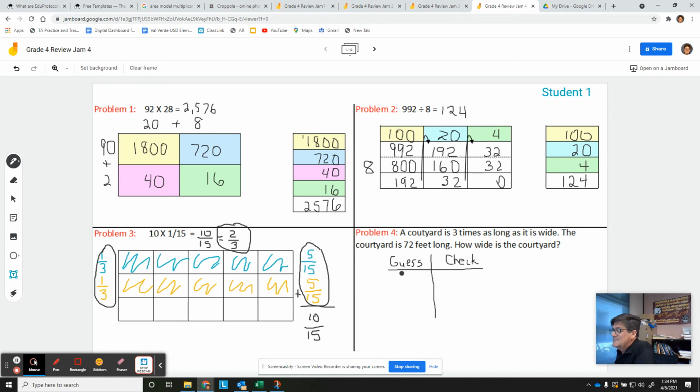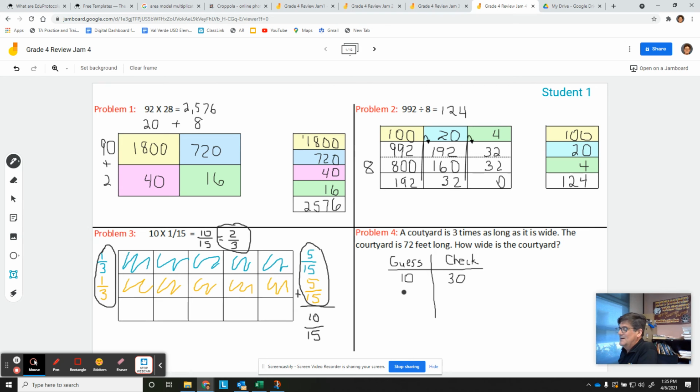Okay, so my first guess is 10. I'll almost always guess 10 if it's reasonable, because I want to check it real quick, and nothing is faster to check than 10, because now I'm going to say that's 30. So what I'm saying is, if the courtyard is 10 feet wide, then it would be 30 feet long, but that's not long enough. So it's got to be more than 10 feet.